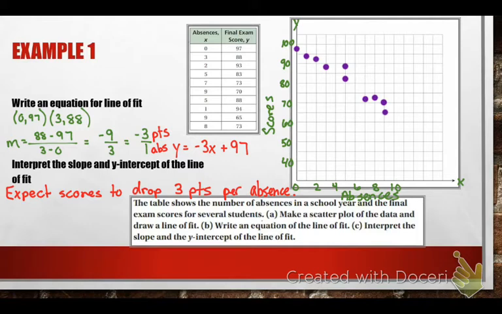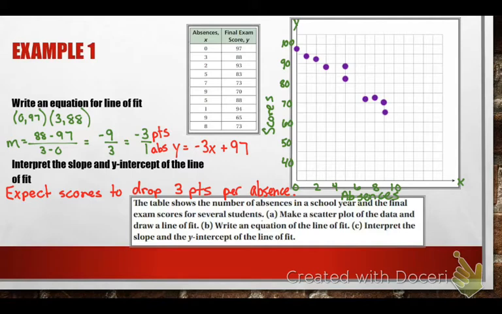So what I'm saying is the line of fit, the line that we're about to graph, all that is a trend. All that is a pattern. It doesn't say this is set in stone, I guess. It's basically an estimation. All right, so that's my slope interpretation.